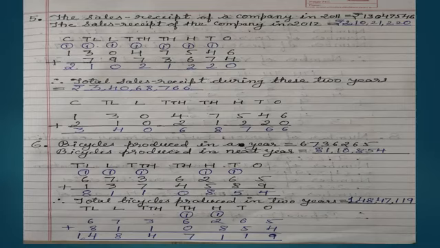After getting the 2 years' receipt numbers, you have to find the total sales receipt during these 2 years, so you have to add these two sales receipts. Okay children, first you have to arrange it in columns and then start adding from the ones place. So you will get the answer 3 crore 40 lakhs 68,766.